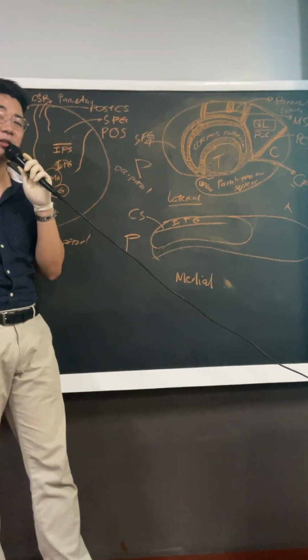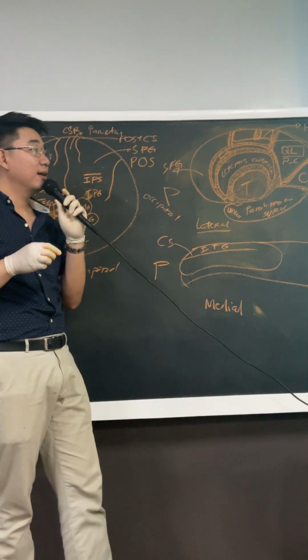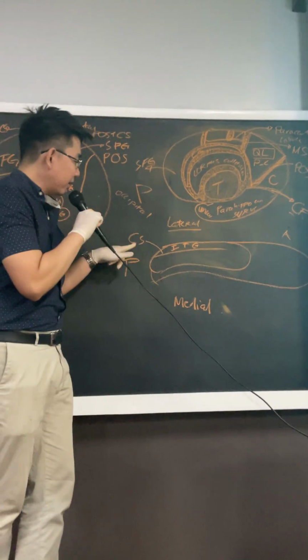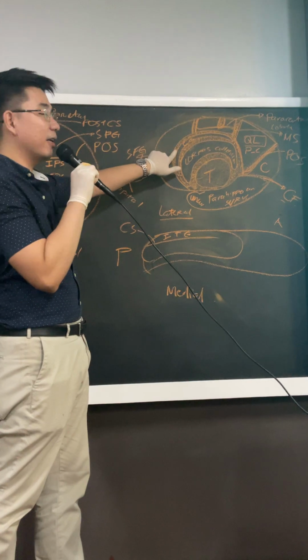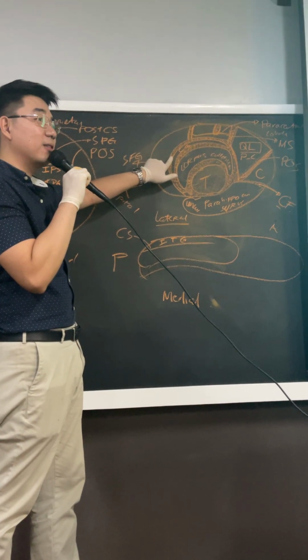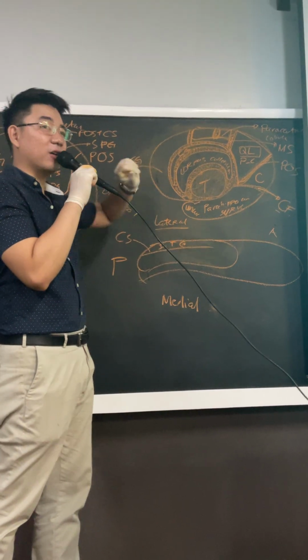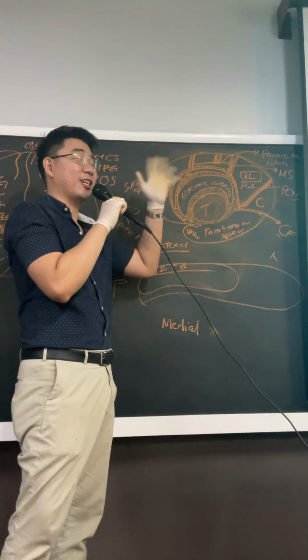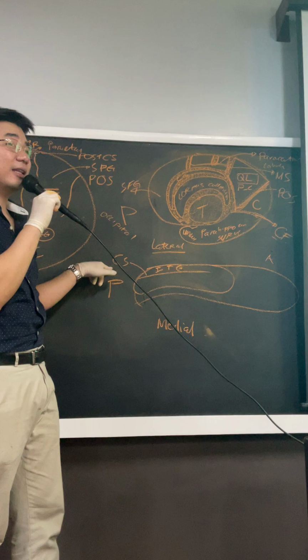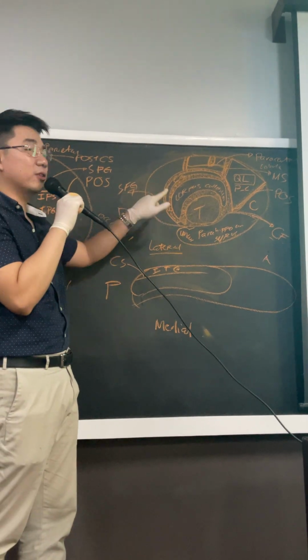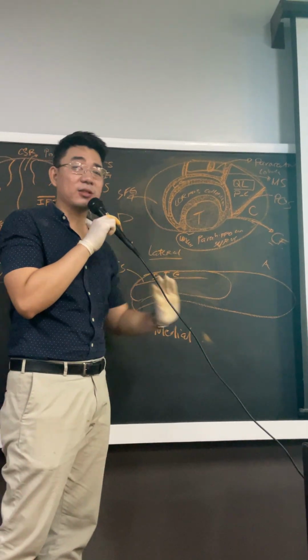Now, the collateral sulcus is different from the cingulate sulcus, because a lot of people interchange them. The collateral sulcus is located in the basal area, while the cingulate sulcus is located in the median surface.